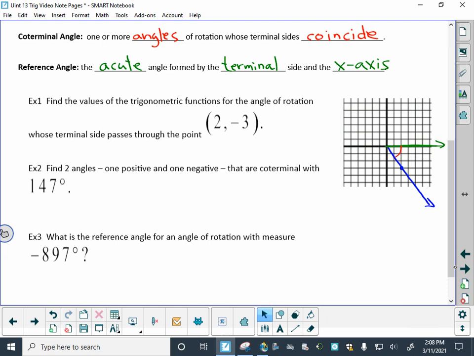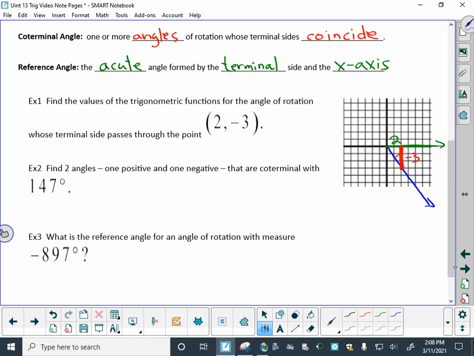Okay? I can, in this process, make myself a little right triangle here. And I can label the sides that I have so far. I know that this is 2 on that, and this red side that I have here, I'm going to label that as -3.